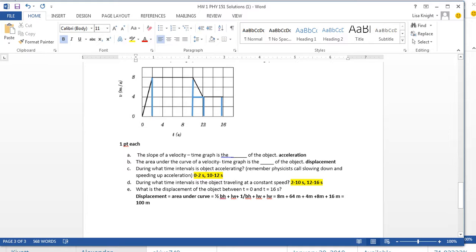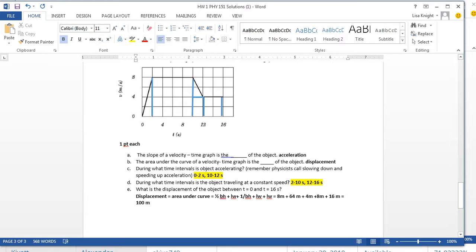And then finally, B asked you what the area under the curve was. It's the displacement. So if I want to find the displacement, then I'm just going to segment my graph out into areas that I can calculate. So the first area here is half of the base, which is 2, times the height, which is 8.